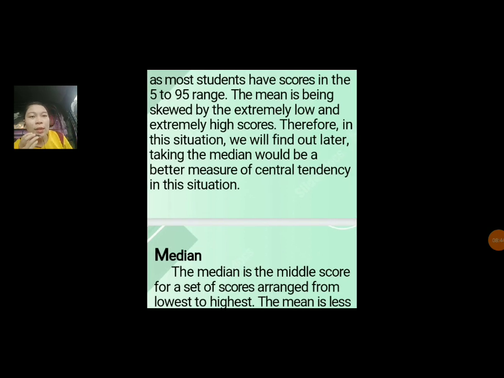As most students have scores in the 5 to 95 range, the mean is being skewed by the extremely low and extremely high scores. There is a lowest, which is 5, and a highest, which is 95, so their gap is big. Therefore, in this situation, as we will find out later, taking the median would be a better measure of central tendency.